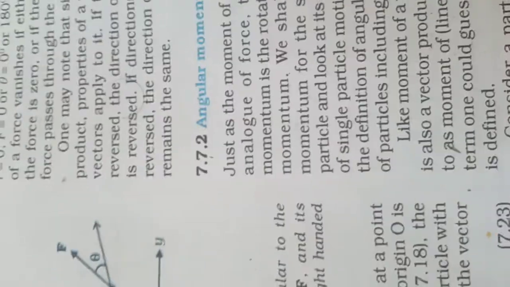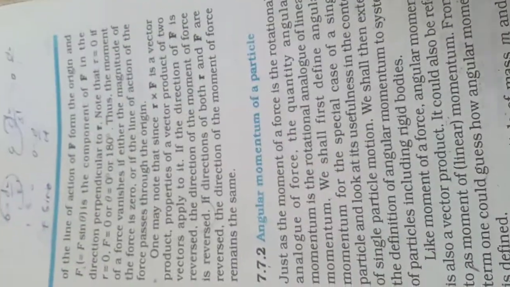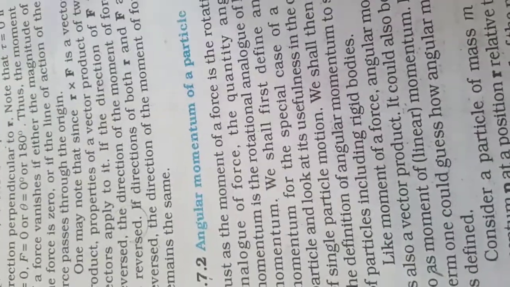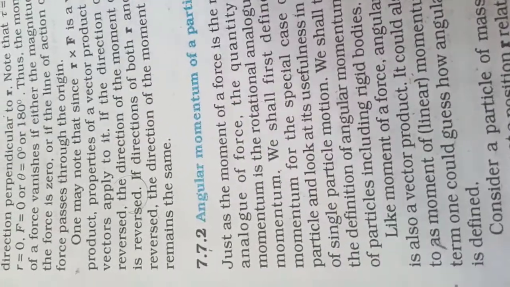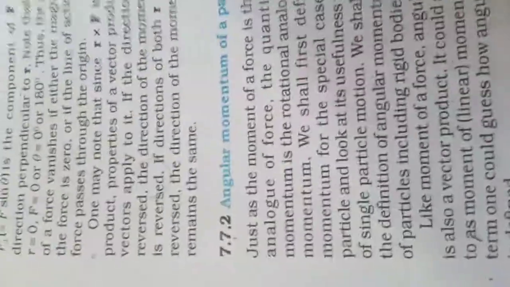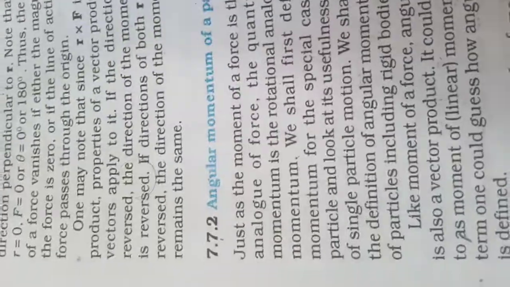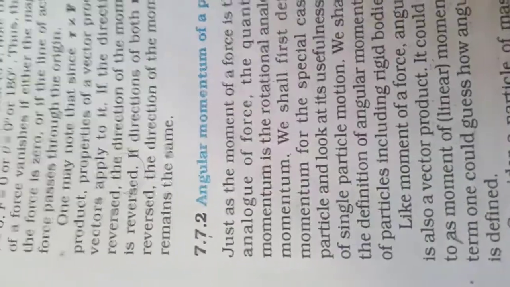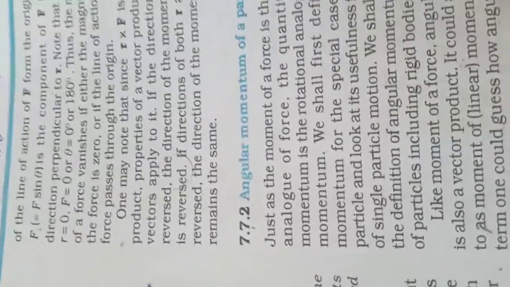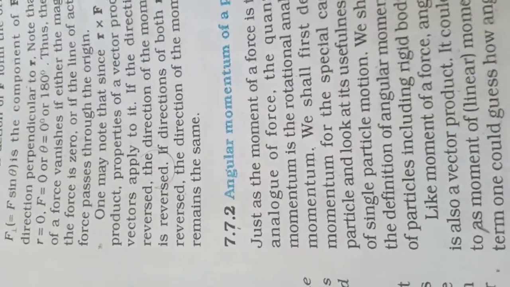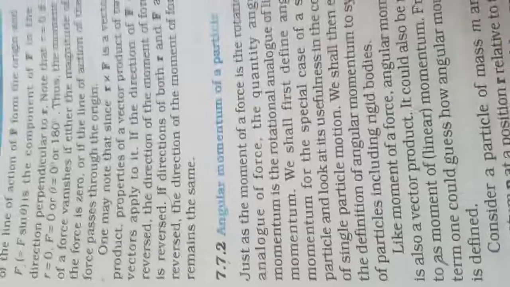Note that tau is equal to 0 if r is equal to 0, or F is equal to 0, or theta is equal to 0 or 180 degrees. In that condition, the torque applied on the rigid body is 0.